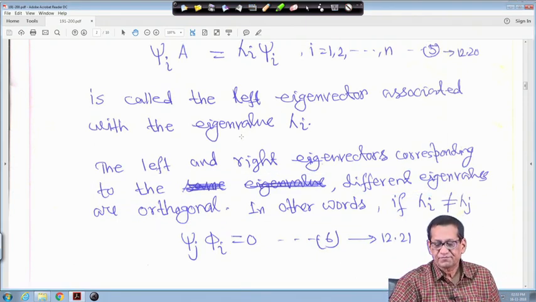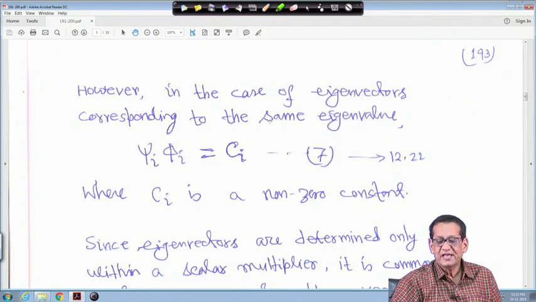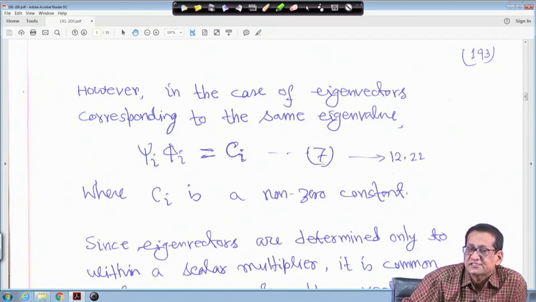However, in the case of eigenvectors corresponding to the same eigenvalue, we can write psi i phi i is equal to Ci, where Ci is a non-zero constant. This is equation 7.